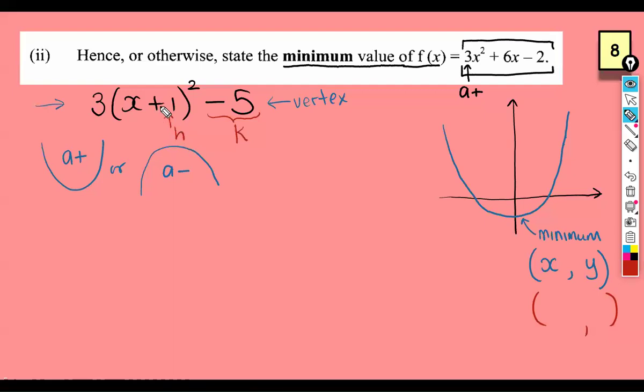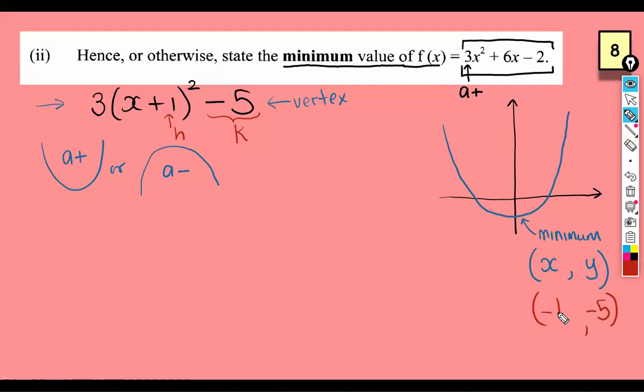So if your H value is positive 1, then x is minus 1. The y value is the value of K. For the y value, you don't make that one the opposite. You just take it as it is. So it's minus 5.